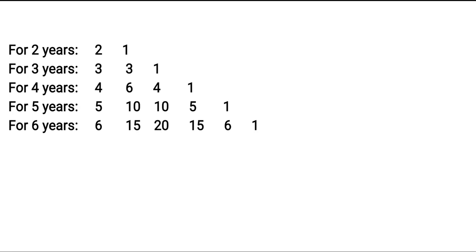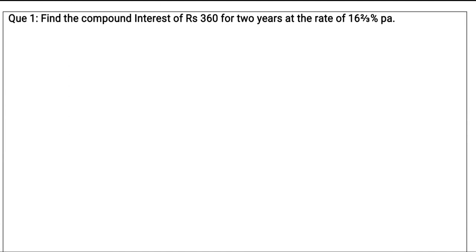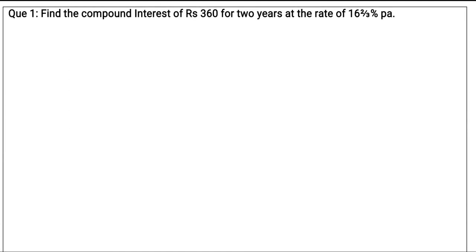But again I repeat, it would be better if you just memorize these numbers. Now coming to the questions, now you know these basic things. First question: find the compound interest, and this 360 is the principal. So write 360 here for 2 years at the rate of this percent. What is the rate? It is 16 2/3%.